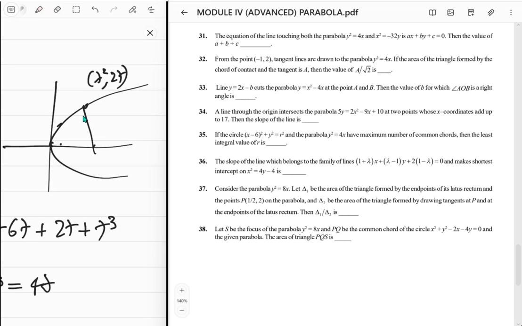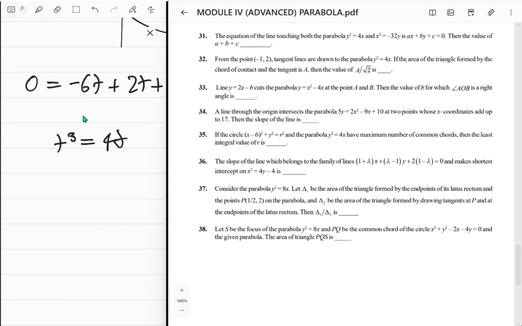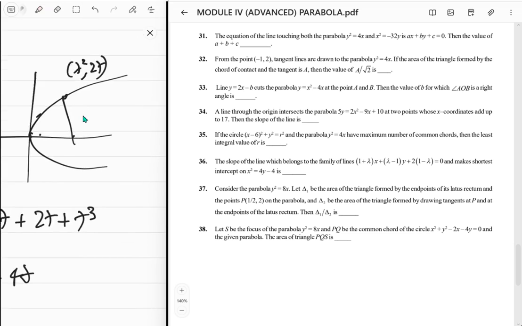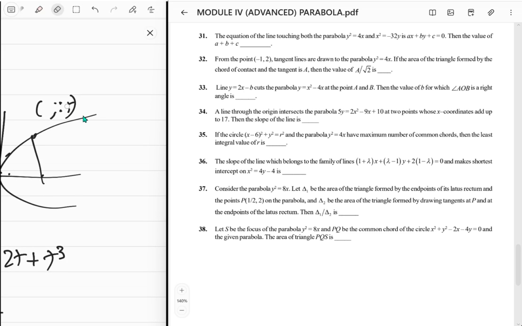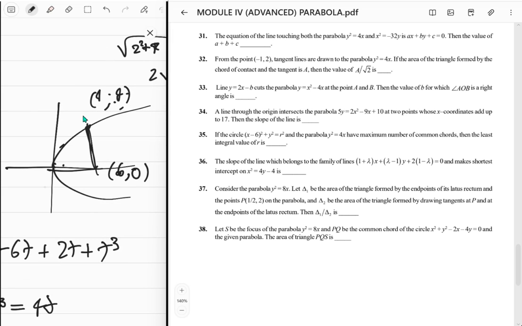So either t = 0 or t = ±2. When t is 2, this just becomes (4, 4), and this is (6, 0). This distance is going to be the square root of 2^2 + 4^2, which is 2√5, yes. And then this distance is just 6, we already know that.